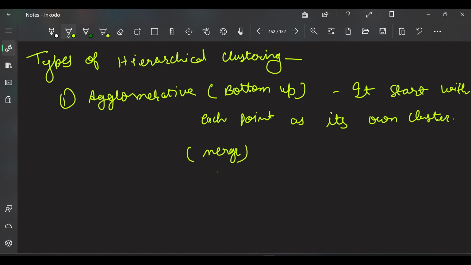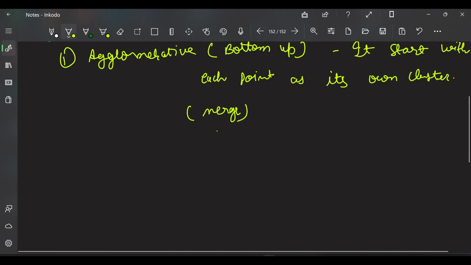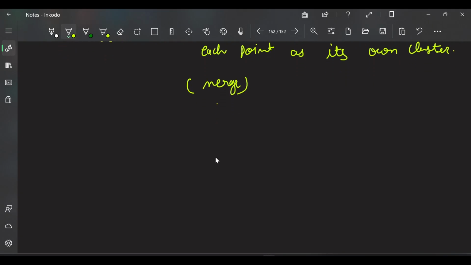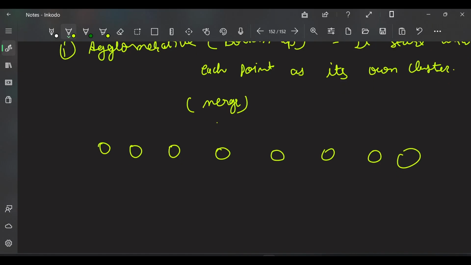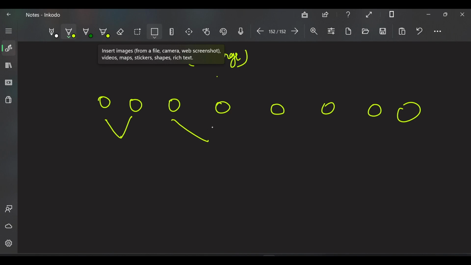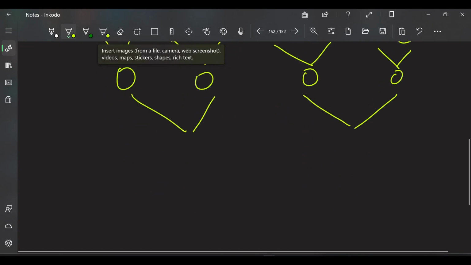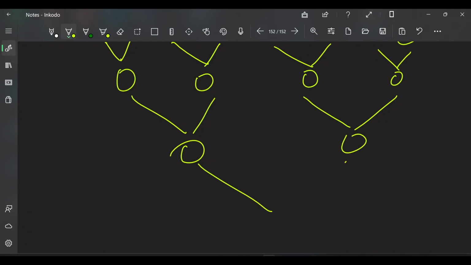We will see how it works in a graph. Suppose here is your root node, and there are some different data points. We merge them together, then again merge both, and again merge to the final one.